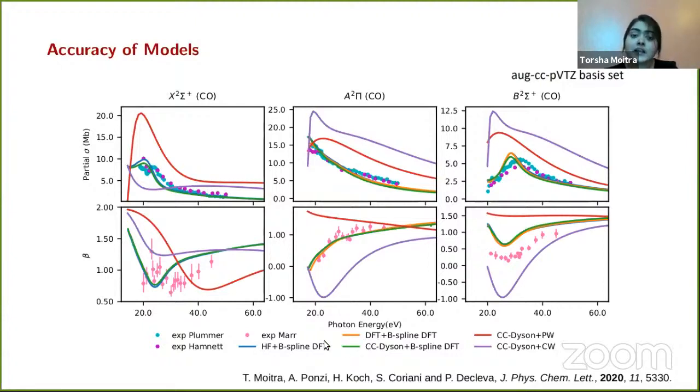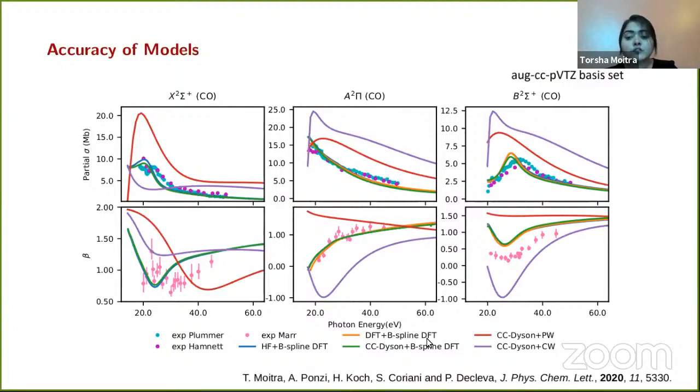We see that these are almost overlapping with one another. And this is actually quite expected, as the Dyson orbitals are quite identical to the molecular orbitals considered by Koopmans' theorem. And also, the Dyson norm for these ionizations is greater than 0.9.